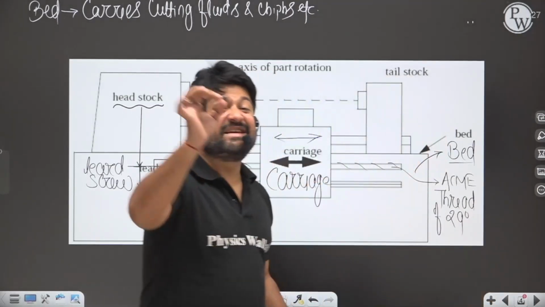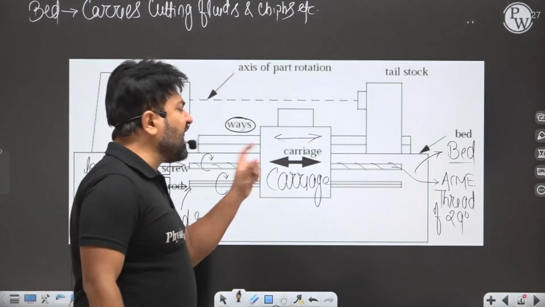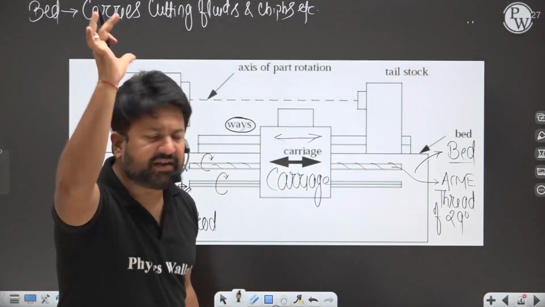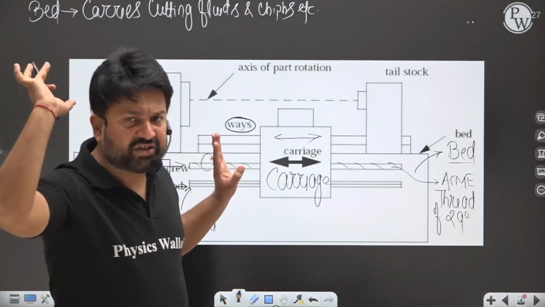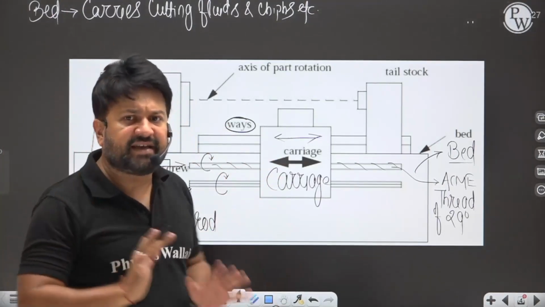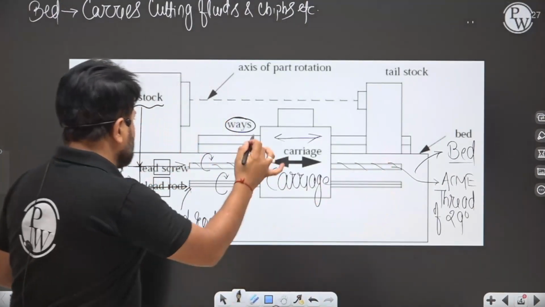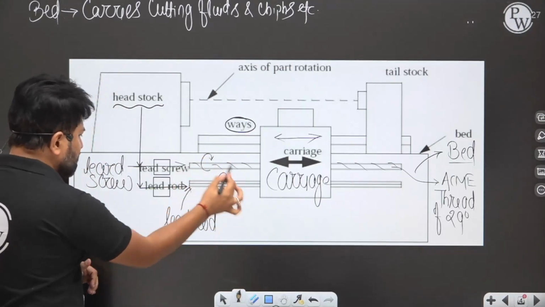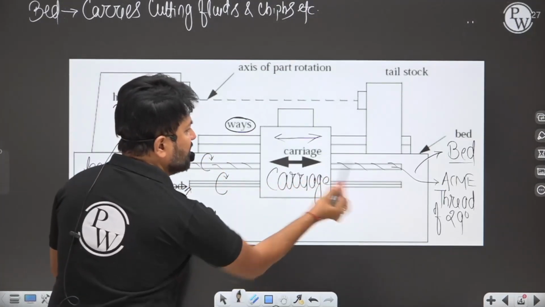Why? For easy engagement and disengagement of the half nut, or the nut which is present in the carriage. So on the basis of rotation of the lead screw or lead rod, the carriage will do a linear motion.